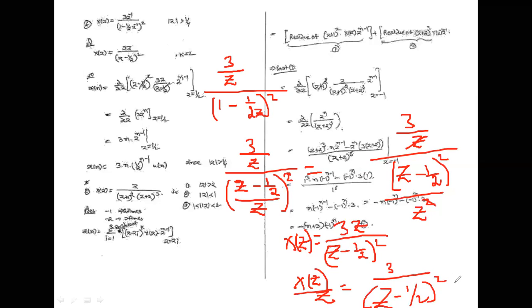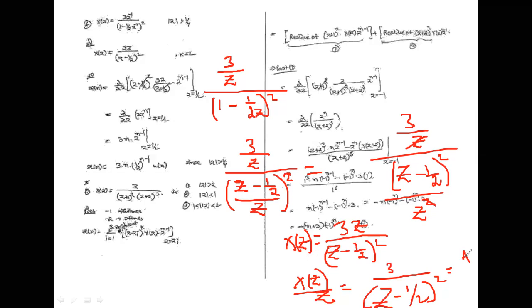If multiple poles are there, no need of taking X of z by z. You can keep that as 3z by z minus 1 by 2 whole square only. Otherwise, you can write this as a by z minus 1 by 2, b by z minus 1 by 2 whole square.